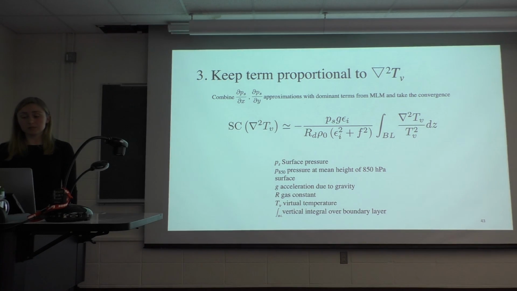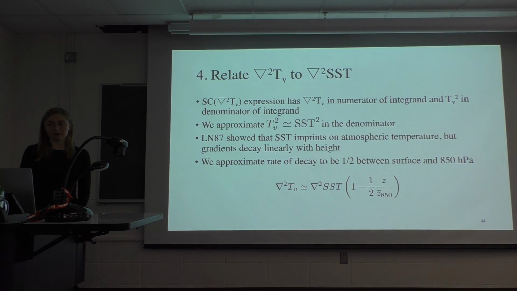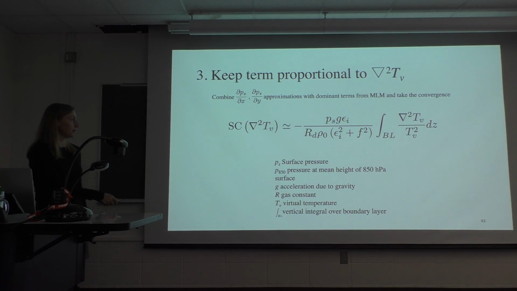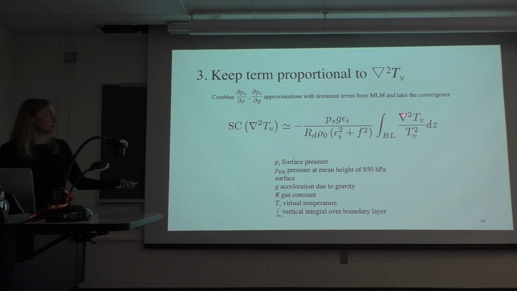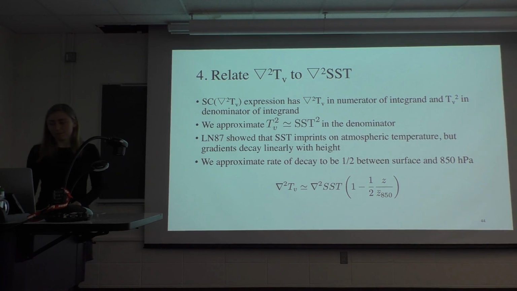And then we take this one step further and relate the Laplacian of boundary layer virtual temperature to the Laplacian of SST. If you recall from the previous slide, there was a TV squared in the denominator. We swapped that out for SST squared, and then for this Laplacian of TV in the numerator, we relate it to the Laplacian of SST.